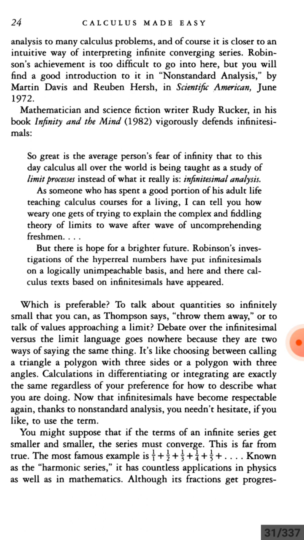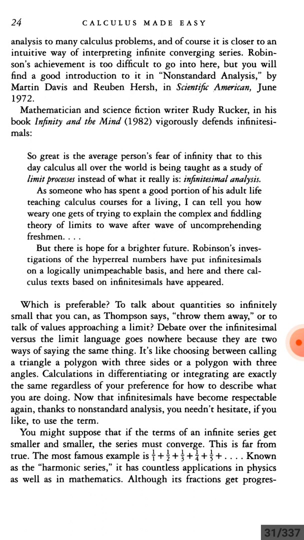You might suppose that if the terms of an infinite series get smaller and smaller, the series must converge. This is far from true. The most famous example is 1/1 + 1/2 + 1/3 + 1/4 + 1/5 and so on, known as the harmonic series. It has countless applications in physics as well as in mathematics.